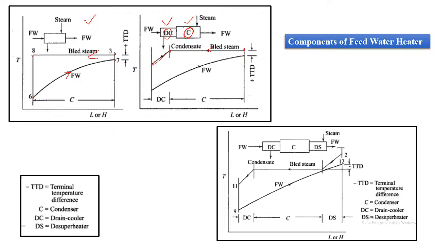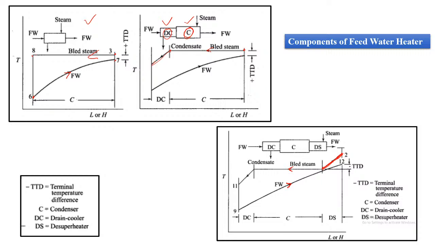But if we go ahead, then we might have very high pressure steam bled, and that high pressure steam actually has superheat from the turbine, so it will reduce its superheat and it will become dry saturated while the liquid water is getting heated.